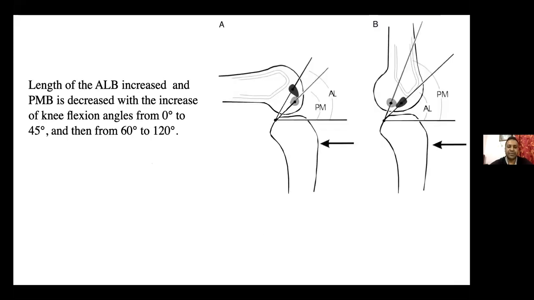This can be demonstrated by these pictures, where we can see that the length of the anterolateral bundle increased and the posteromedial bundle decreased with the increase of knee flexion angle from 0 to 45 degrees and then from 60 to 120 degrees.